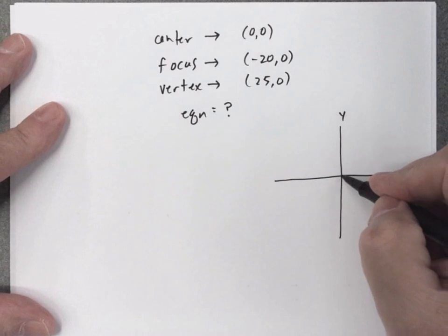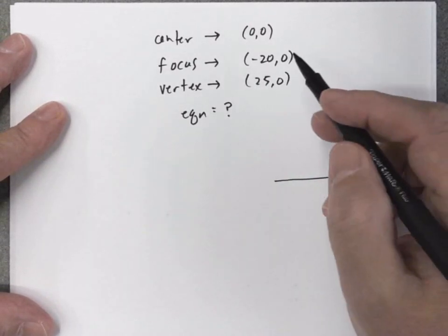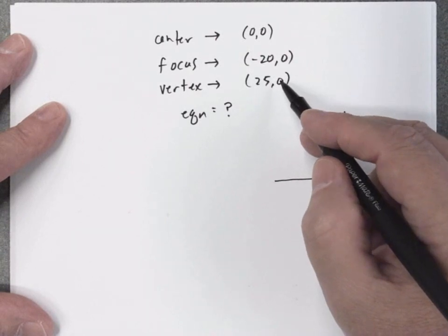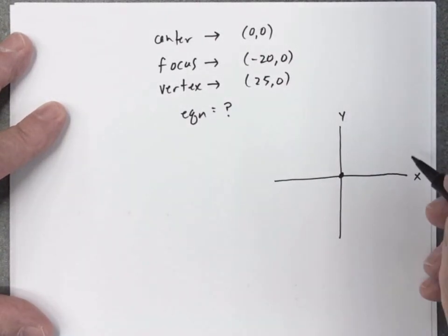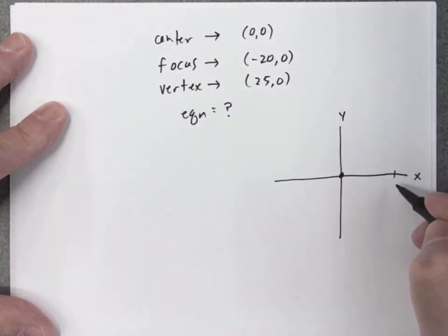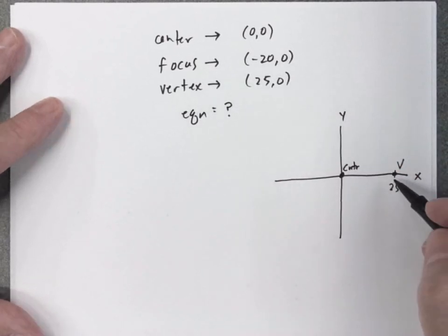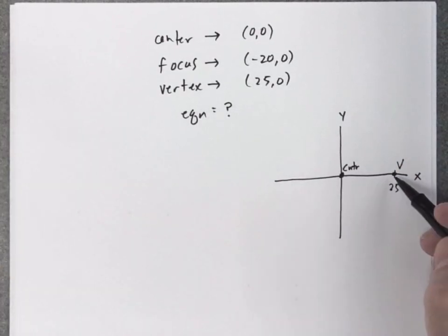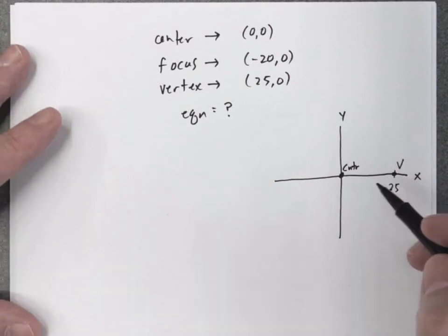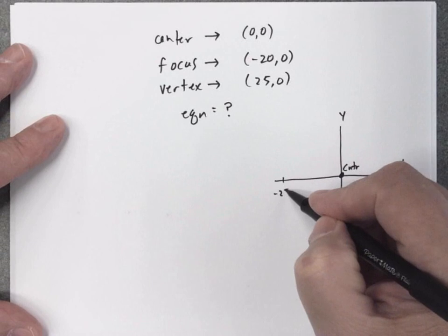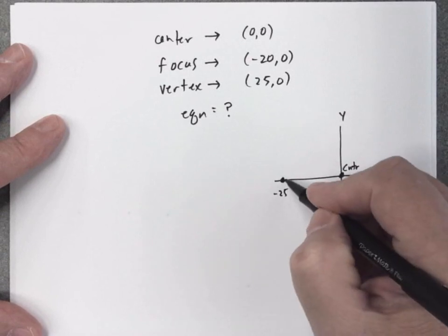So the center is at 0, 0, the origin. I'm not really worried about the focus. Let's say it's got a vertex at 25, 0. Let's just assume 25 is right here. So that means since the center is at 0, 0, if one vertex is at 25, 0, the other vertex has to be at -25, 0.